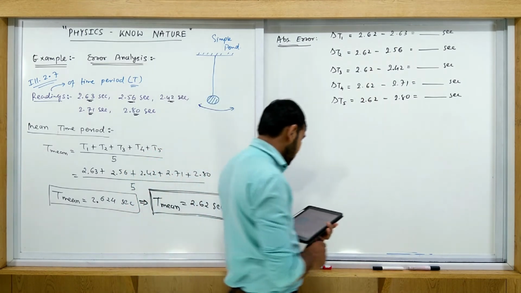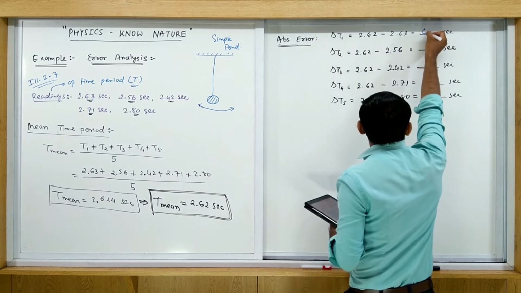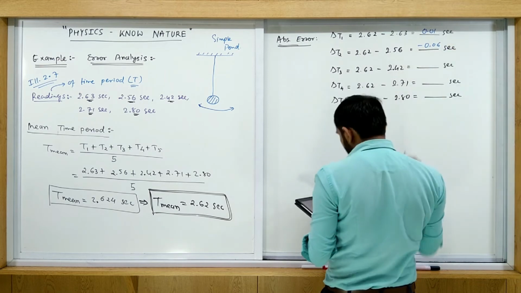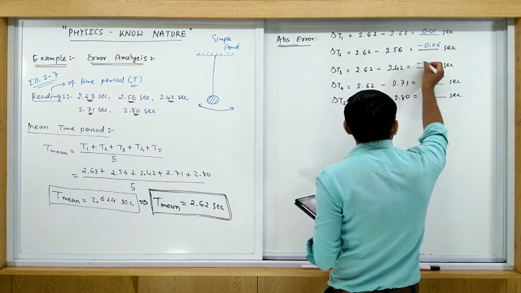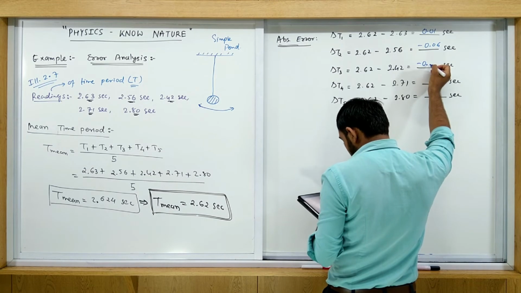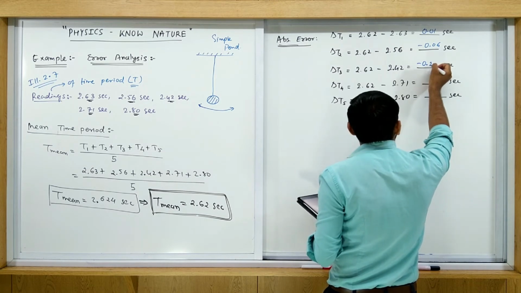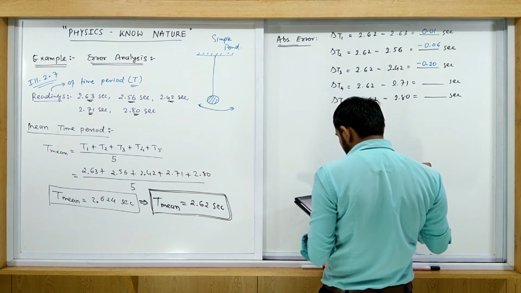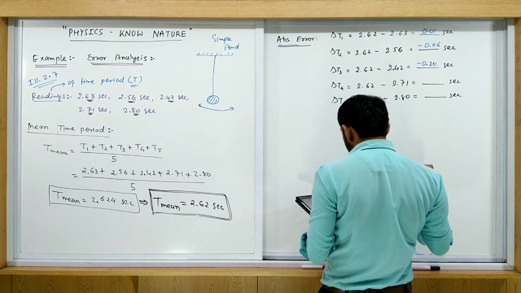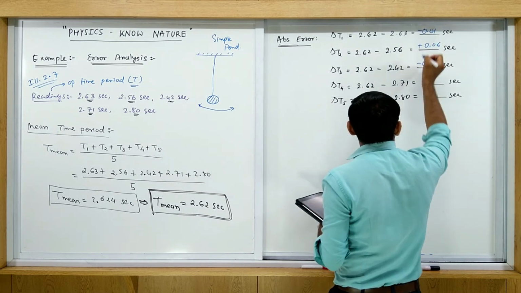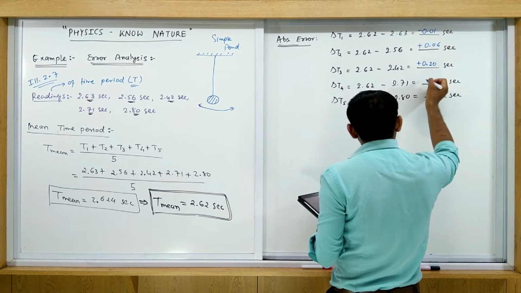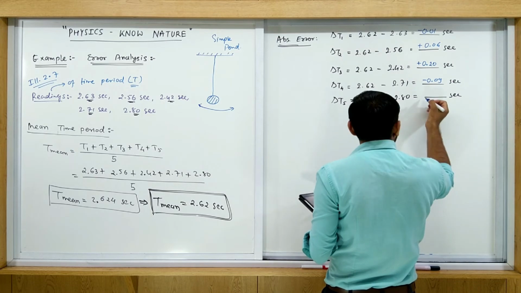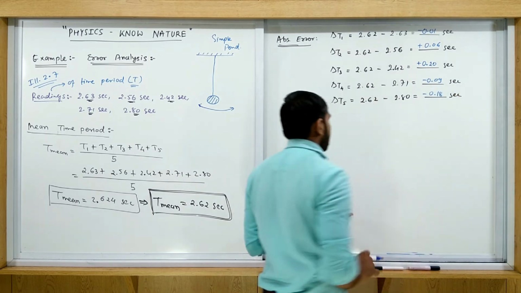Then compare your answers. Delta T1 is 0.01, the second is minus 0.06, the third is 0.20 with a minus sign, the fourth is plus, and then minus 0.09 and minus 0.18.